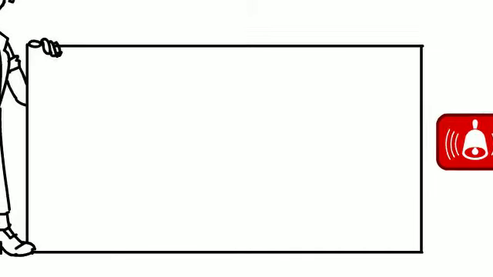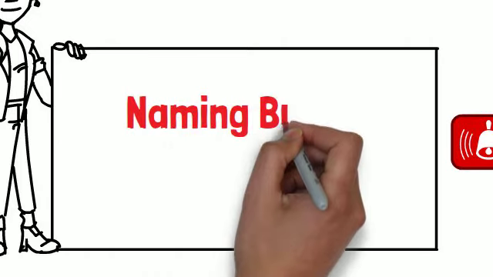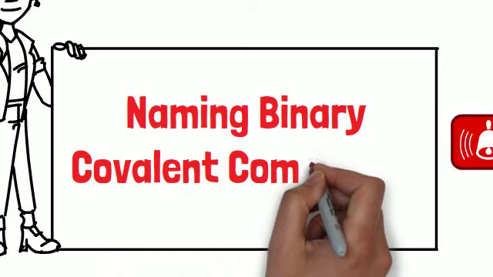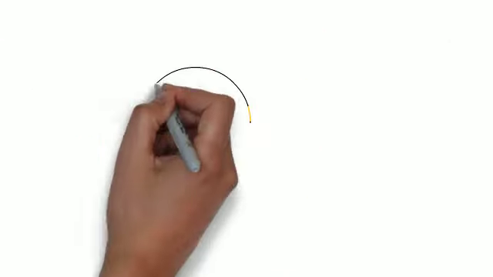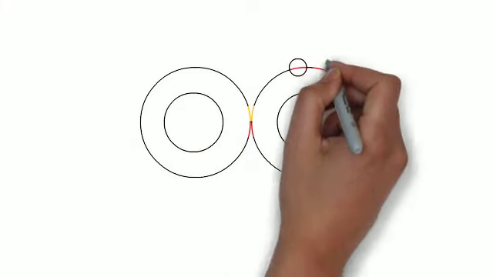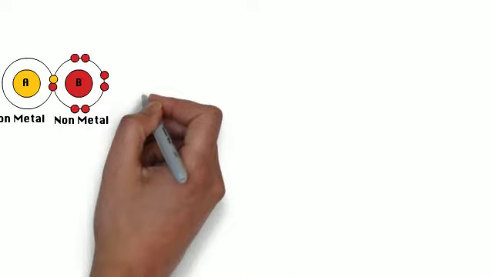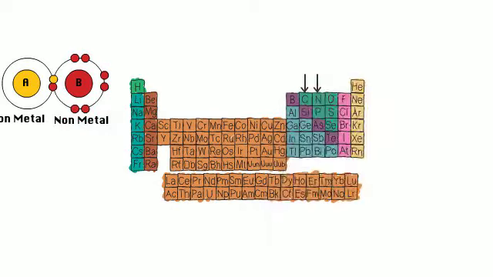Today, we're going to be continuing on the series of naming compounds. Particularly, we're going to be discussing and learning how to name binary covalent compounds. Binary covalent compounds are essentially made up of two non-metals. When you look at the periodic table, non-metal elements are concentrated on the right side.